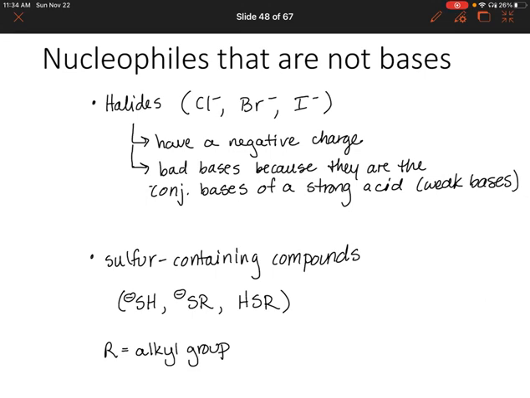Now, R should not be bulky, so we'll just add a little asterisk. R should not be bulky, because remember, the bulkier the nucleophile, the worse the nucleophile. And it's probably going to act as a base instead of a nucleophile if it's bulky.